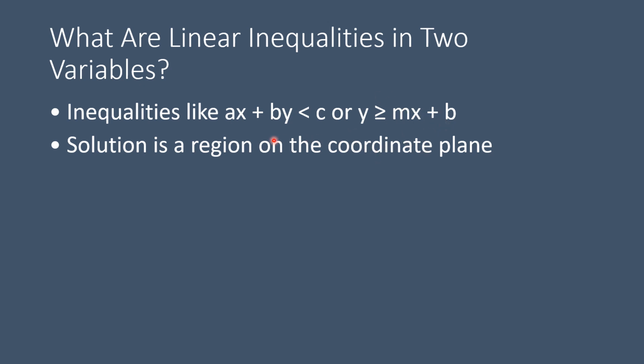So as long as there are two variables, x and y, then with the use of the inequality sign, greater than or equal to, less than or equal to, the expression becomes a linear inequality in two variables.